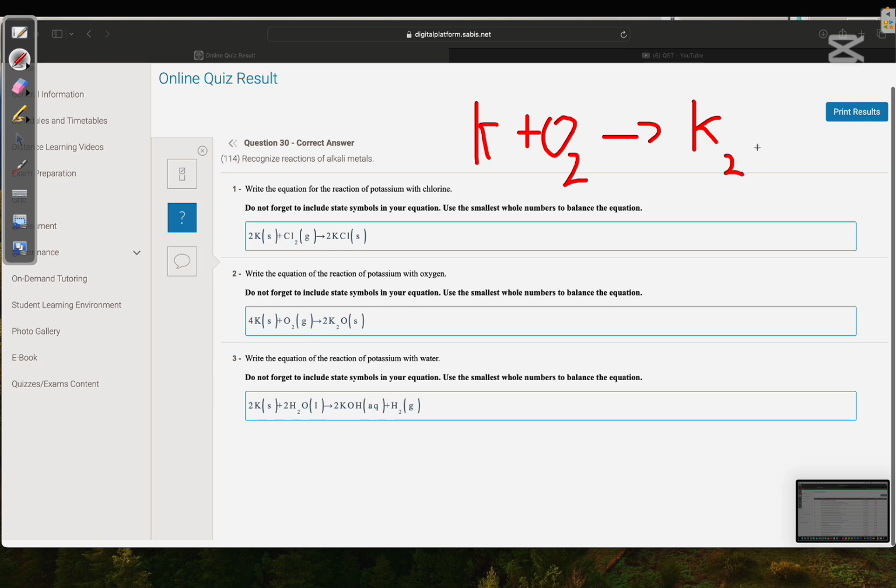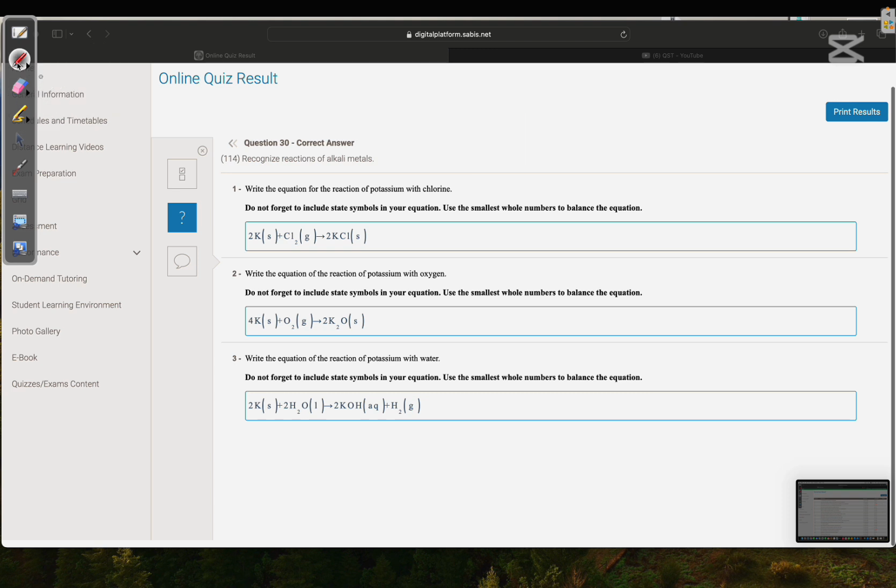So okay, here in this case, since we have 2 oxygens here and 1 oxygen here, we're going to have to multiply the K2O by 2, which will make the potassium 4, so we're going to have to multiply it by 4 as well.